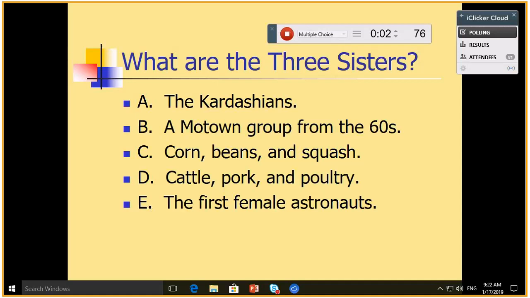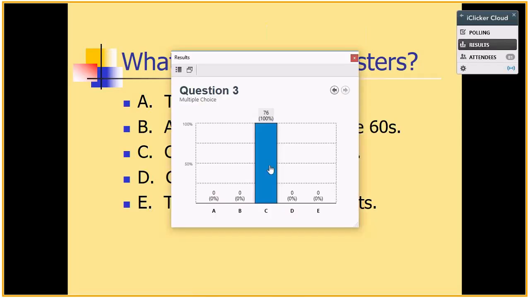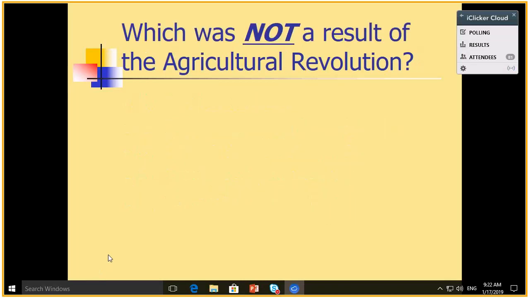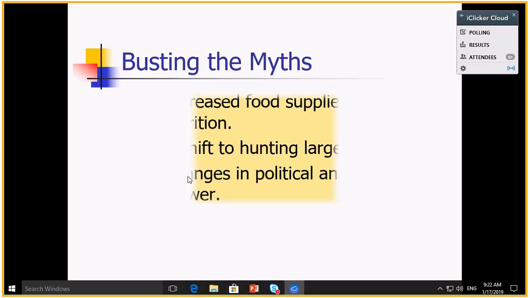All right, red zone, get in. All right, and the results say the correct answer is C. Very good, 100%. I'm not going to ask you that one today.